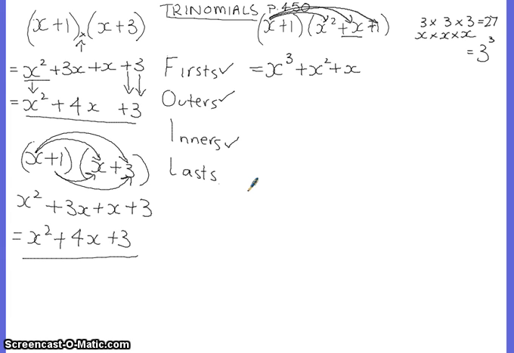Okay? What would be the next step to do? Oops. 1 times x squared. Positive 1 times x squared would give us x squared. 1 times positive x gives us x. And 1 times 1 gives us 1.